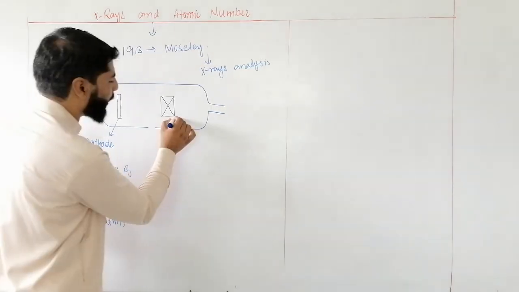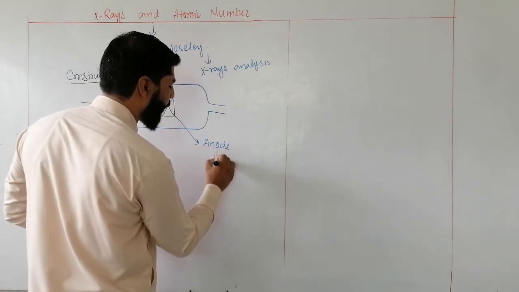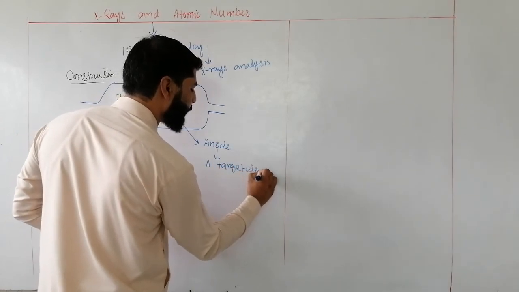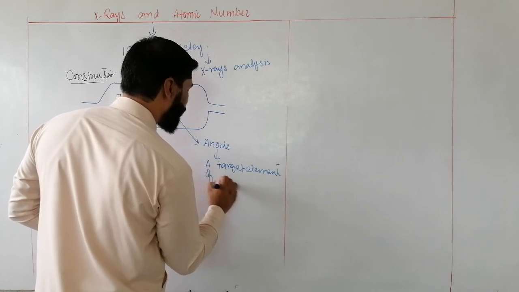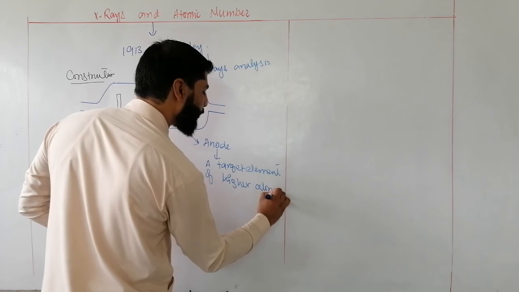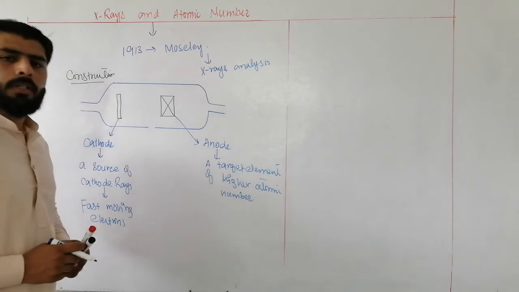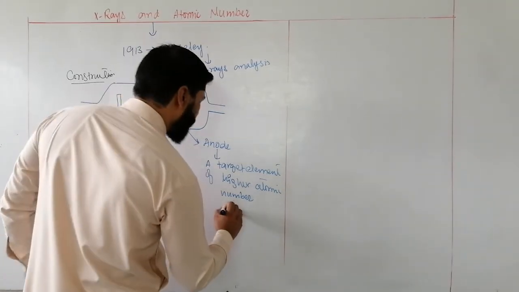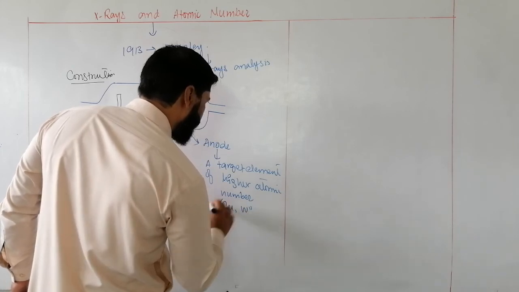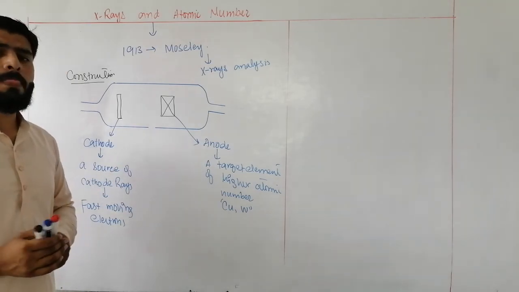He placed a target element known as anode. Anode is a target element of higher atomic number, and he used tungsten as an anode or target element.